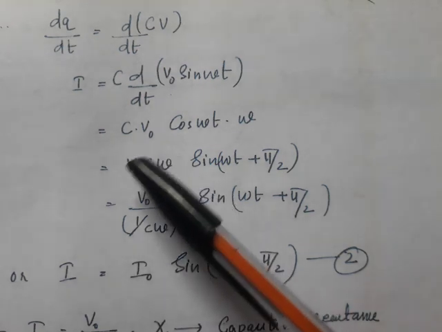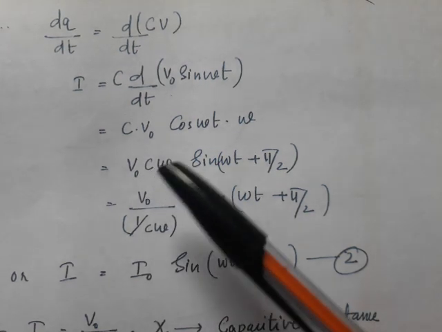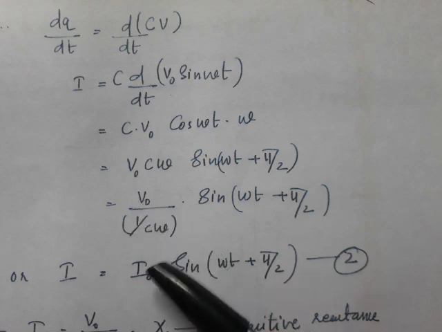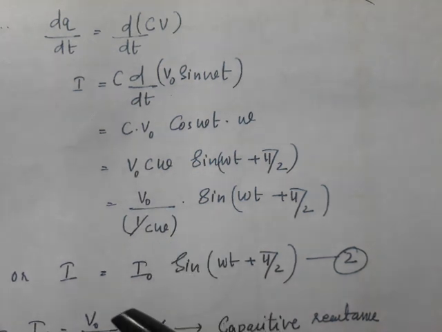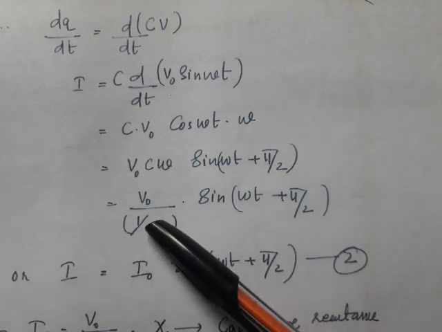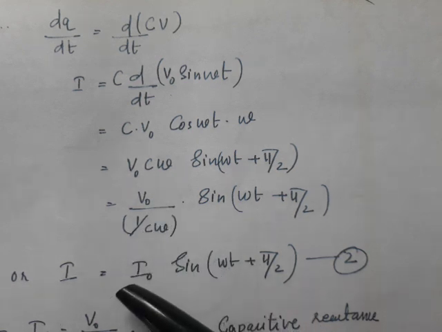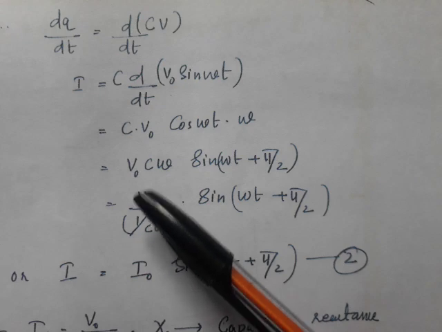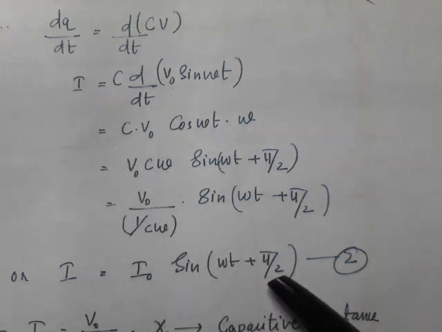So this term V0 C omega, we write as V0 by 1 by C omega, because everywhere we need voltage by some quantity, that is the resistance, then it becomes the current. So here is I0 sin of omega t plus pi by 2.